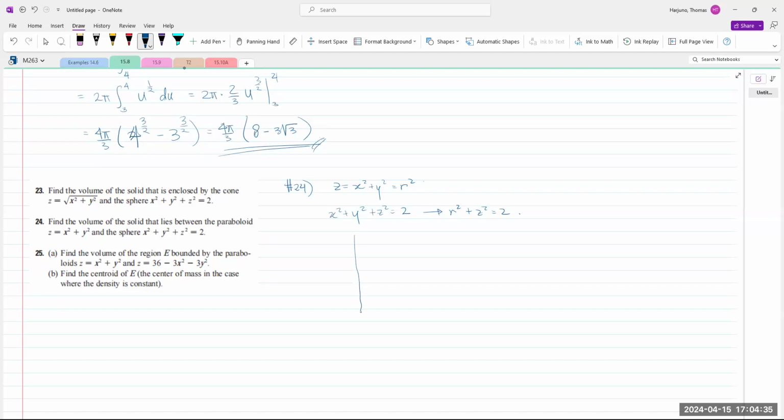So on the rz plane, this is r, this is z. Between the paraboloid, this is z equals r squared, and the sphere with radius radical 2, this is r squared plus z squared equals 2. So we are talking about this part here.